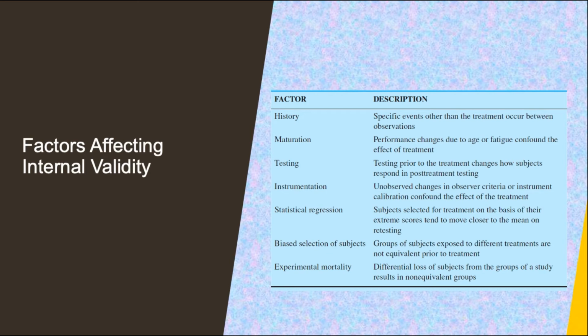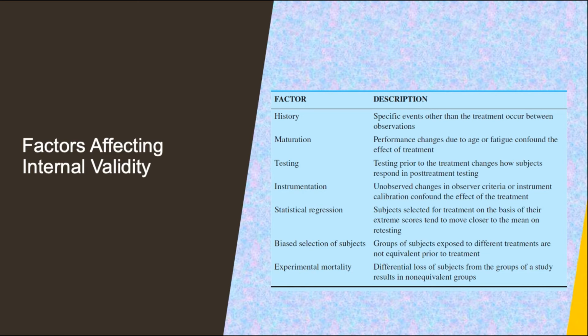Then we have selection bias of subjects. Selection bias of subjects threatens internal validity because subjects may differ initially in ways that affect their scores on the dependent variable. Any influence of the independent variable on the score cannot be separated from the effect of pre-existing bias.